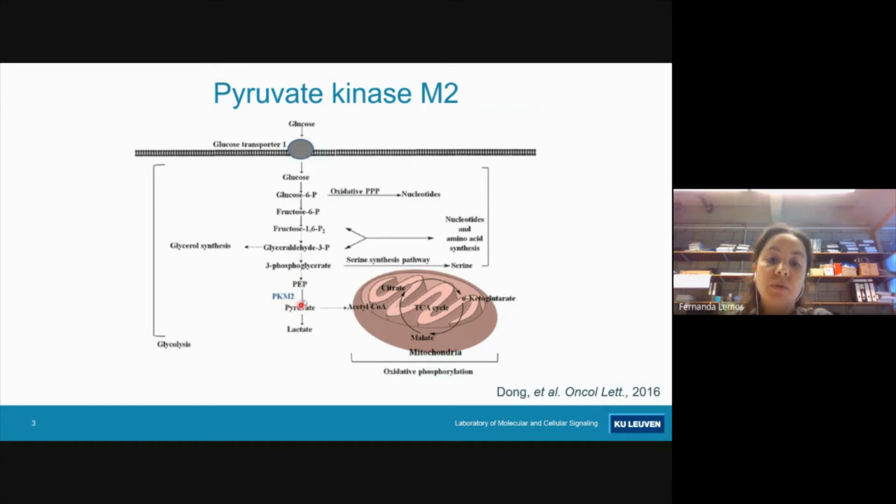PKM2 is highly expressed in embryonic and proliferative cells, and recent papers showed that it is also highly present in cancer cells. That's why we are really interested in understanding the interaction between these metabolic enzymes and the IP3 receptor.